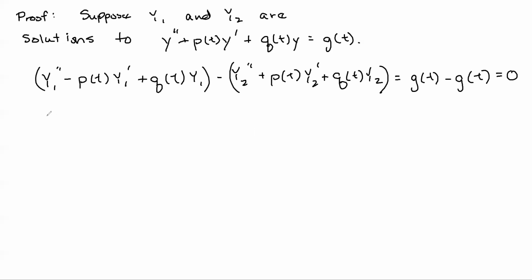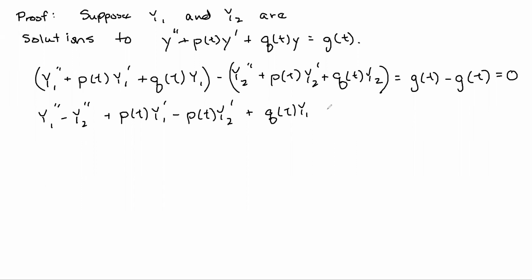What you'll end up with is Y1 double prime minus Y2 double prime, and then plus p of t Y1 prime minus p of t Y2 prime, plus q of t Y1 minus q of t Y2 equals 0.